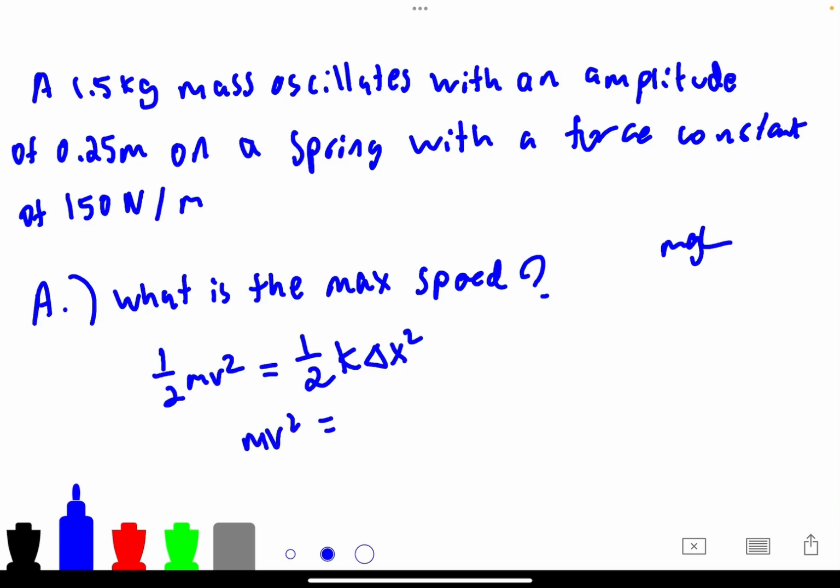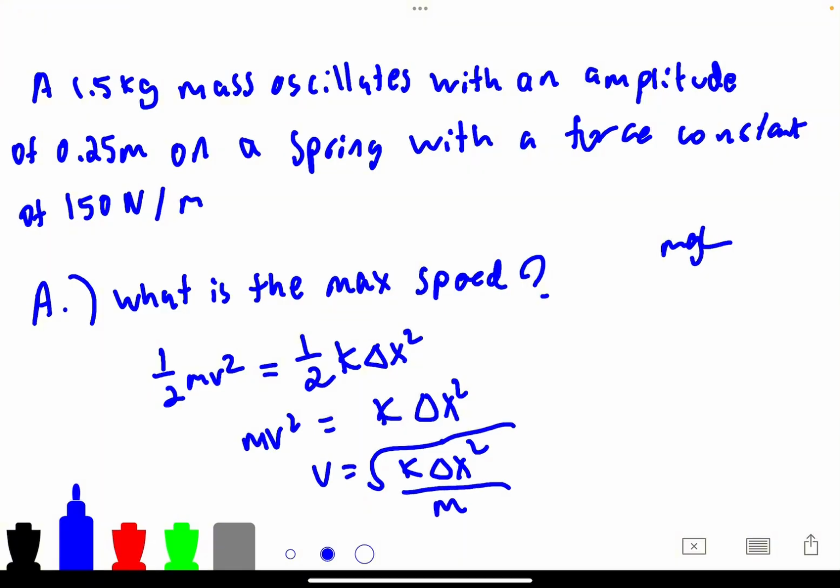The mass still has to go. The velocity would be the square root of k delta x squared over the mass.